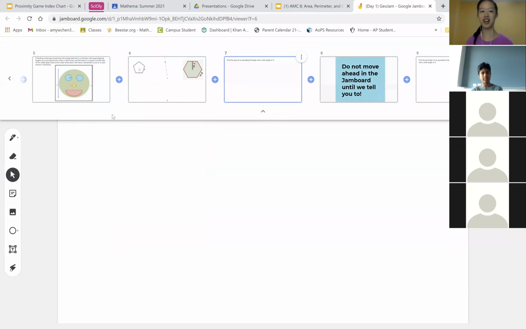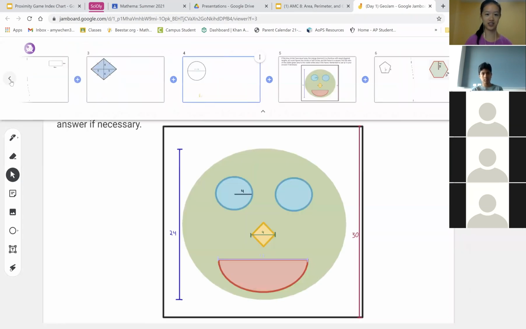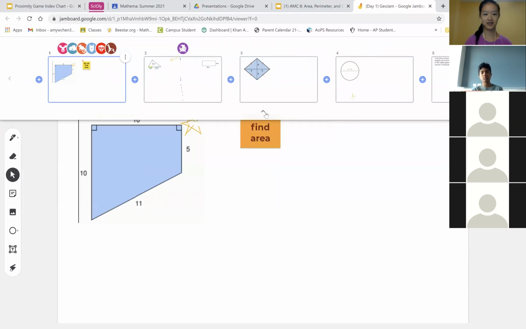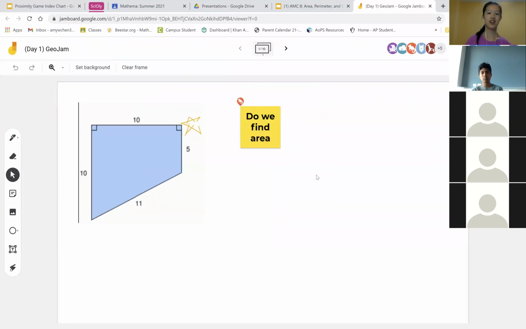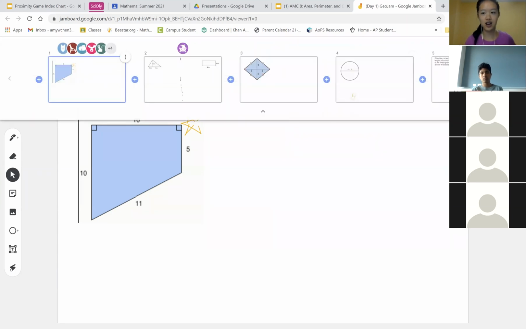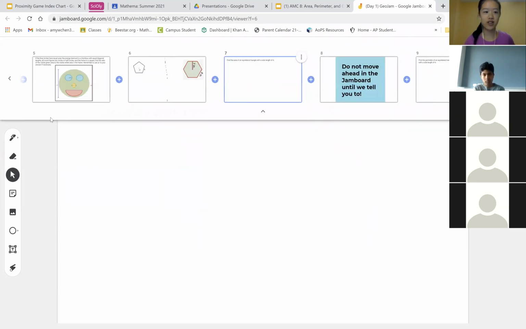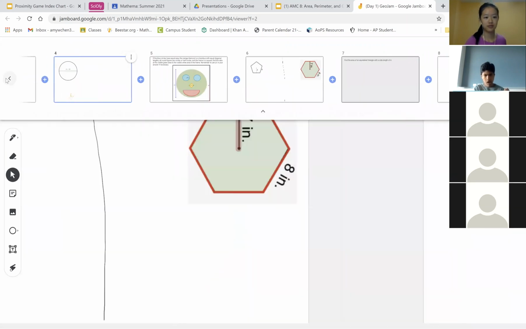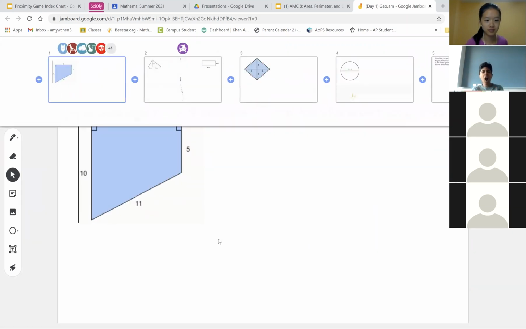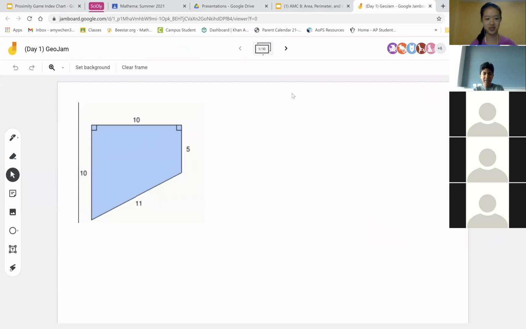Don't go past slide 8 because that's for the second half of the presentation. For slides 1 through 7, just find the area. You can just do whatever on the Jamboard as long as you're not destroying it, I guess.